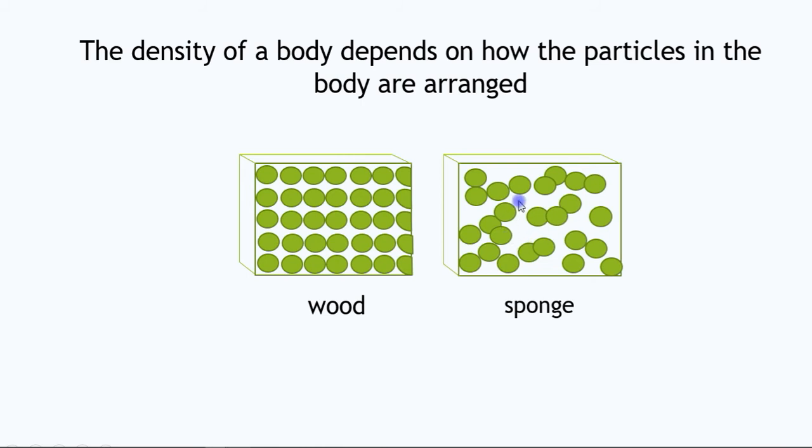So here the two figures have the same size, they have the same volume. So in the same volume, there is more matter in the wood than there is in the sponge, because the sponge contains more empty space. So despite having the same volume as the wood block, the sponge will be lighter and the wood will be heavier.